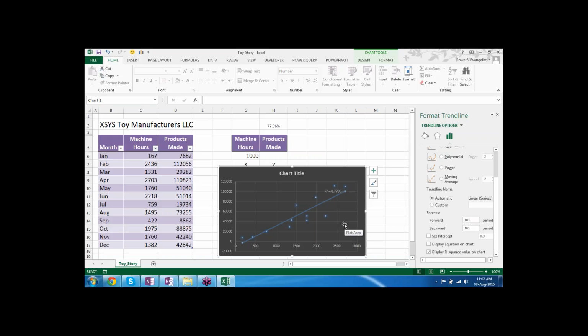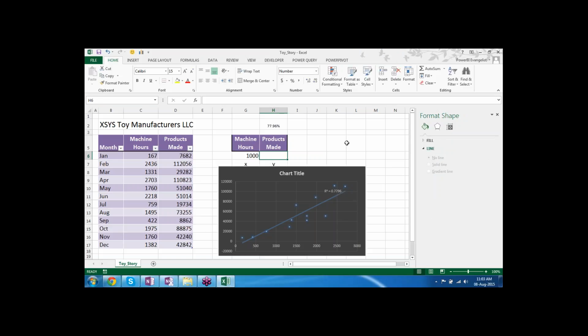Now, based on this correlation, we would like to make some predictions. To make predictions, there is a very useful function in Excel called forecast. If you say equal to forecast, it takes 3 parameters.